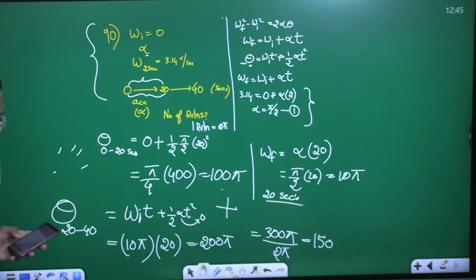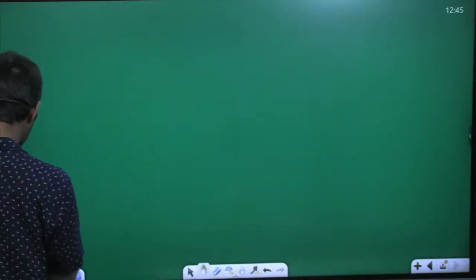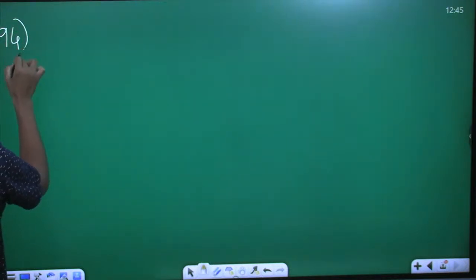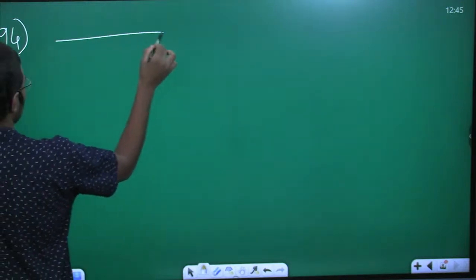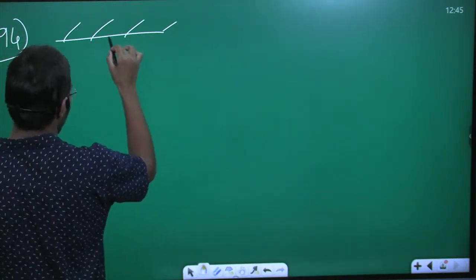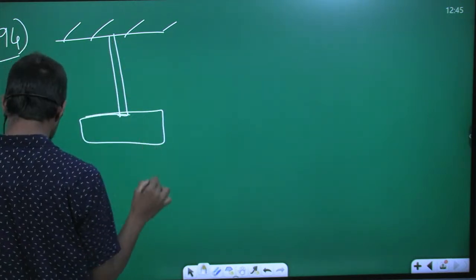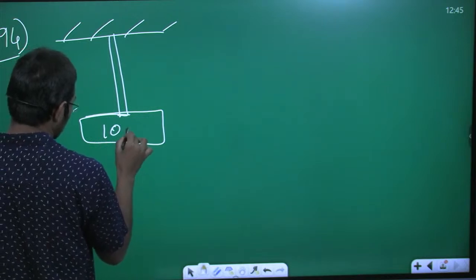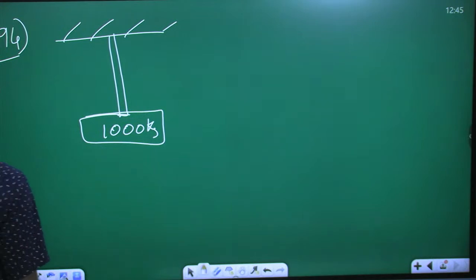So let's go to the next question. Let's look at questions from properties of material. So, a rod of 1.5 thousand kg... it is suspended to 1000 kg at the other end.